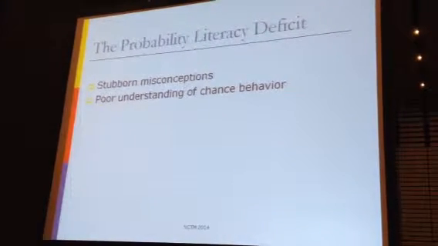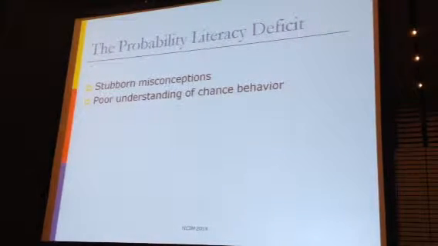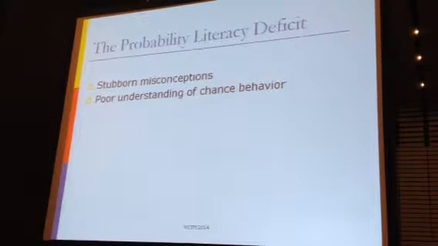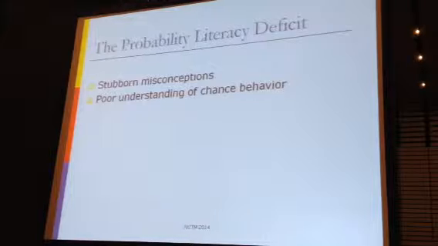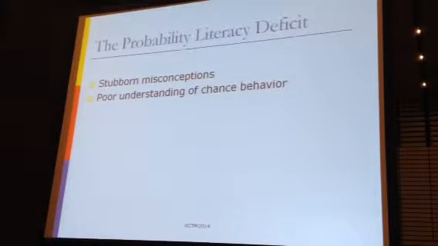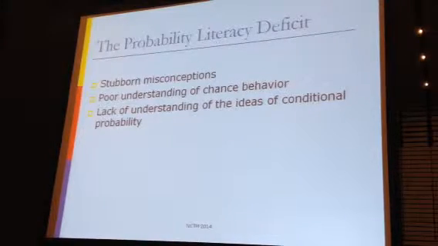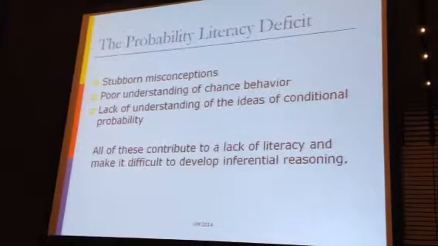There's also a lot of evidence that shows that students have a really poor understanding of what chance behavior looks like, okay, which again I think is related to the way that we introduce kids to probability. There's a lack of understanding about the ideas of conditional probability.